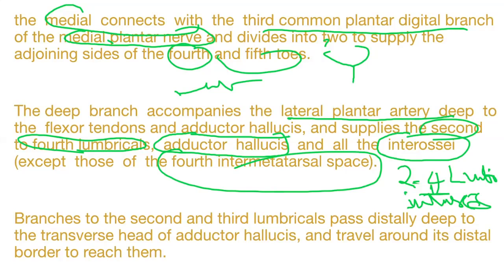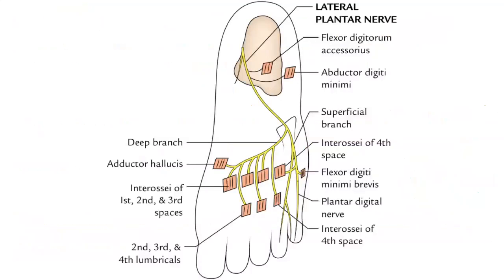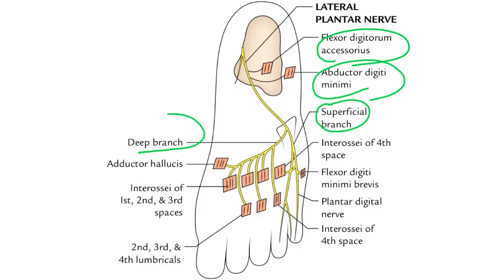Branches to the second and third lumbricals pass distally deep to the transverse head of the adductor hallucis and travel around its distal border to reach them. So these are the, you see, accessorius, digiti minimi, right? Superficial branch, deep branch, right?